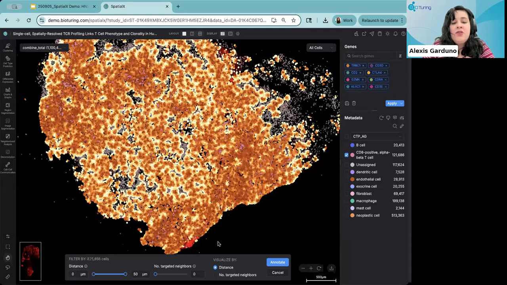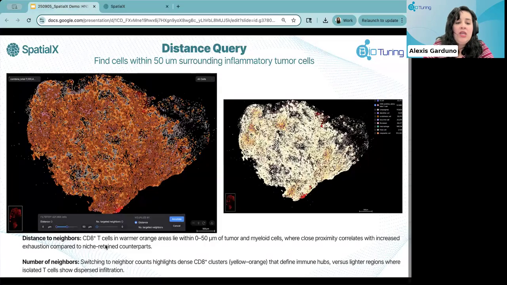There are two key points that I want to highlight when you're running distance query. One is the number of targeted neighbors. This is this image here. What this is showing you is how the CD8 T cells in the warmer orange area lie within 0 to 50 microns of other myeloid cells within the sample.